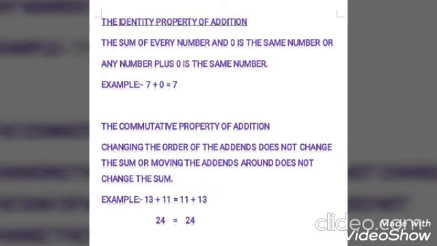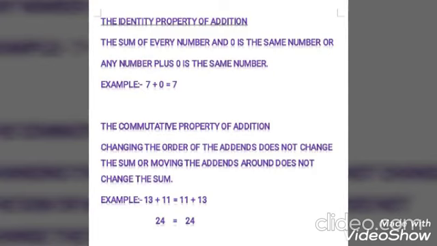And you know what this property says? This property says when you add a number with 0, or I can say the sum of every number and 0 is the same number, or I can say any number plus 0 is the same number.